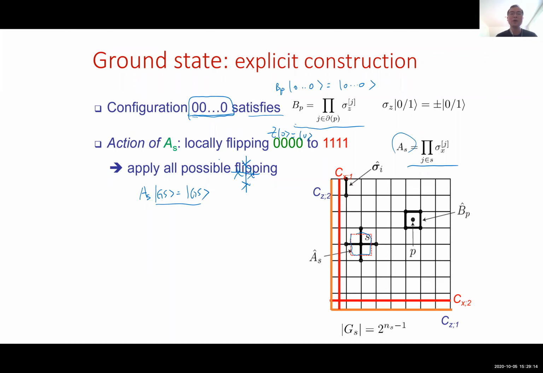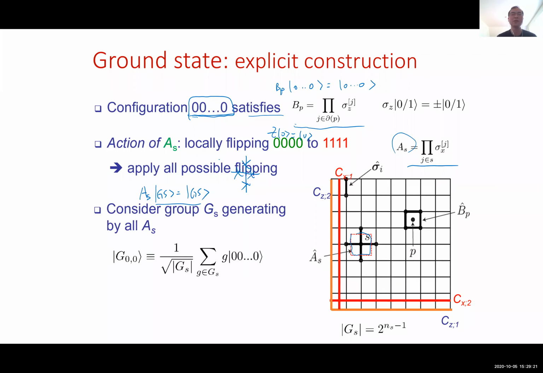The idea is that why don't we add all other combinations flipped by A_s and just add them to the state. So basically, this is the initial state, and this is flipping by A_s or a product of A_s. So that's why I call this a group generated by A_s, and you probably normalize, okay?